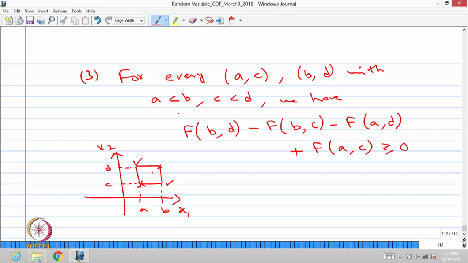So the cross is going to have a positive symbol and the tick mark a negative symbol. That means f evaluated at b comma d minus f evaluated at a comma d and b comma c with the minus sign, then plus f evaluated at a comma c, that value has to be greater than or equal to 0.